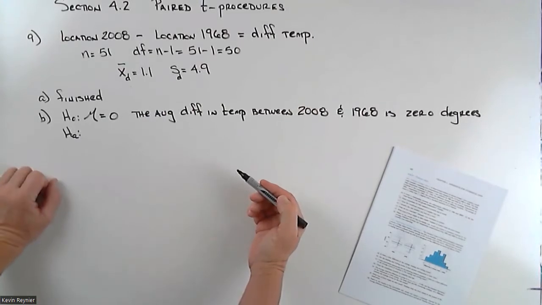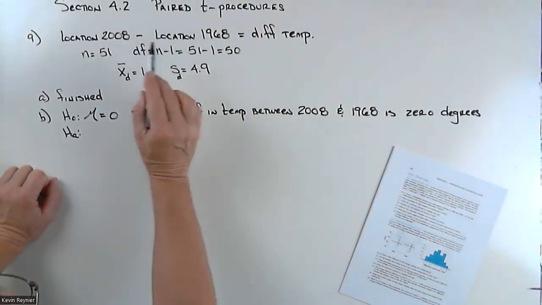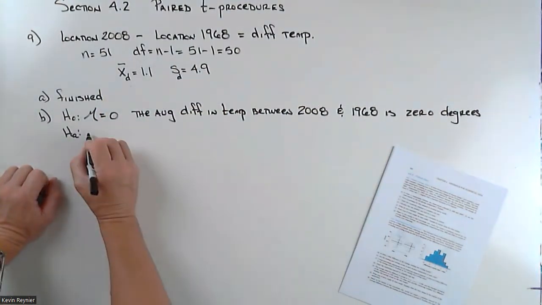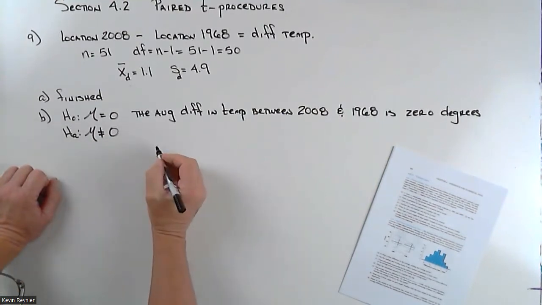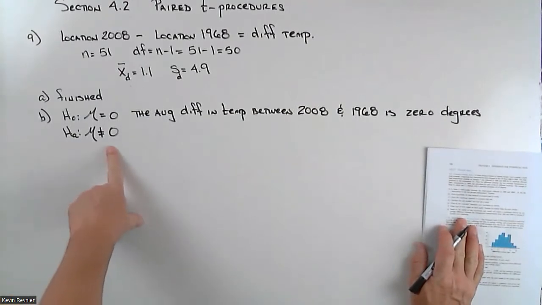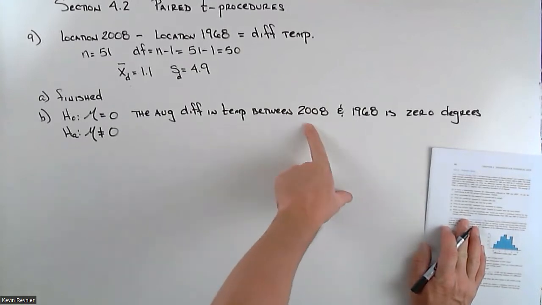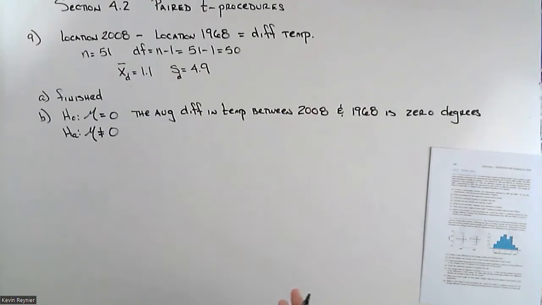We're concerned about a change. We're not concerned about it getting hotter, where it would be warmer here versus here. Or we're not concerned about it getting cooler, where it'd be here versus here. We're concerned about both of those. So this is going to be a two-tailed test, right? The alternative hypothesis is the average difference in temperature between 2008 and 1968 has changed.